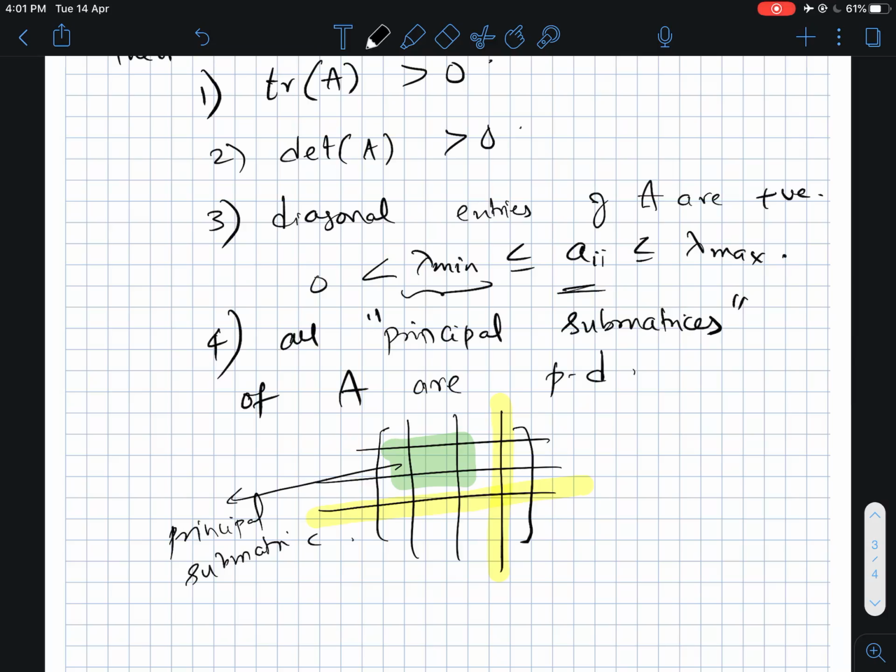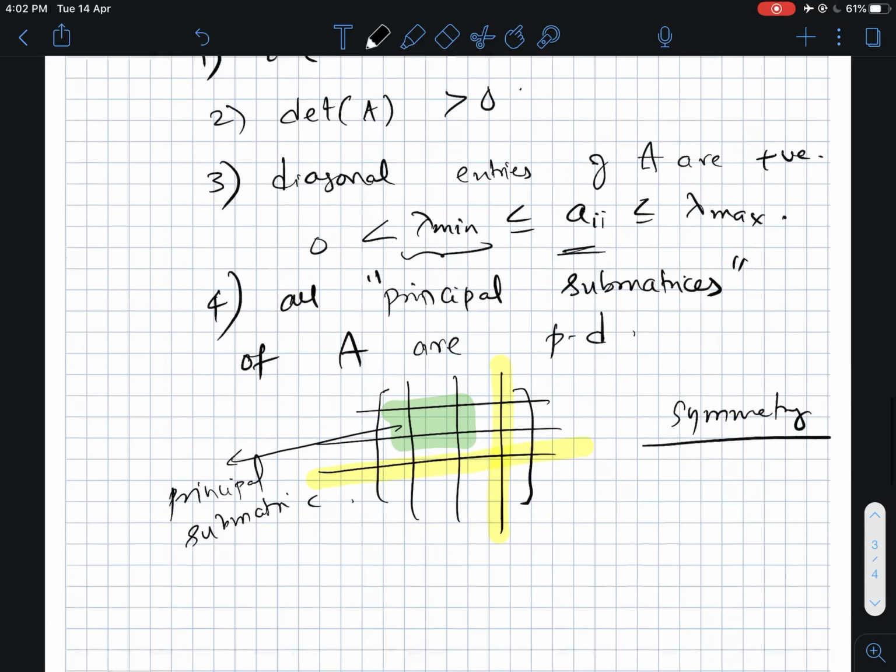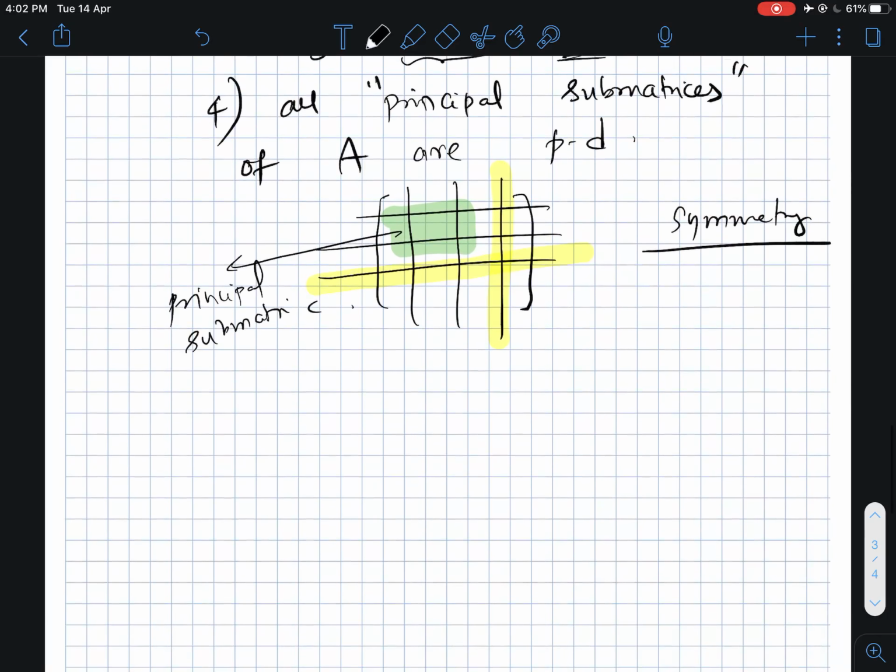So if you choose to remove row 3, we remove column 3. We could remove multiple rows as well. Suppose I remove row 1 and row 3, I remove column 1 and column 3. Then the resulting matrix that's left after removing these rows and columns is a principal submatrix. It's important that you remove the same rows and the same columns to preserve symmetry. If you remove, let's say, the third row but the first column, the matrix that's left over will not be symmetric.